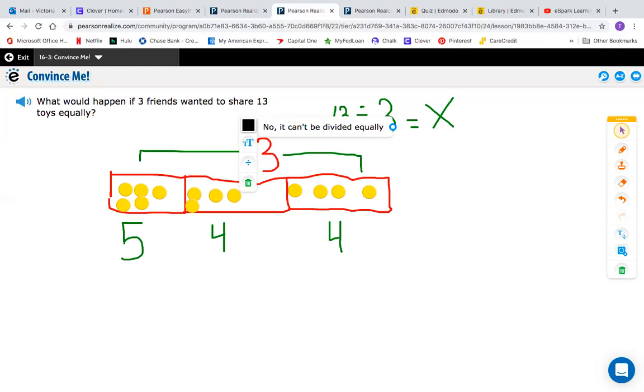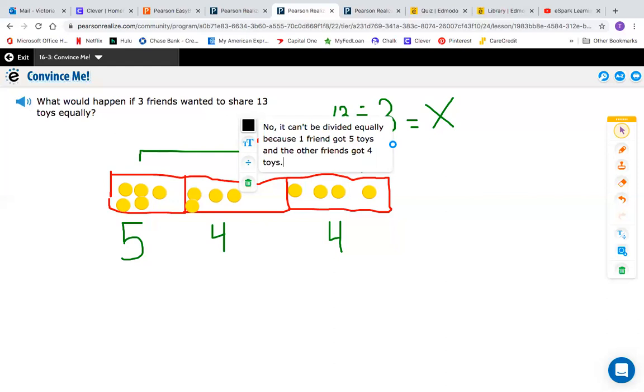So that's another way you could explain it. You could say, no, it can't be divided equally because one friend got 5 toys and the other friends got 4 toys.